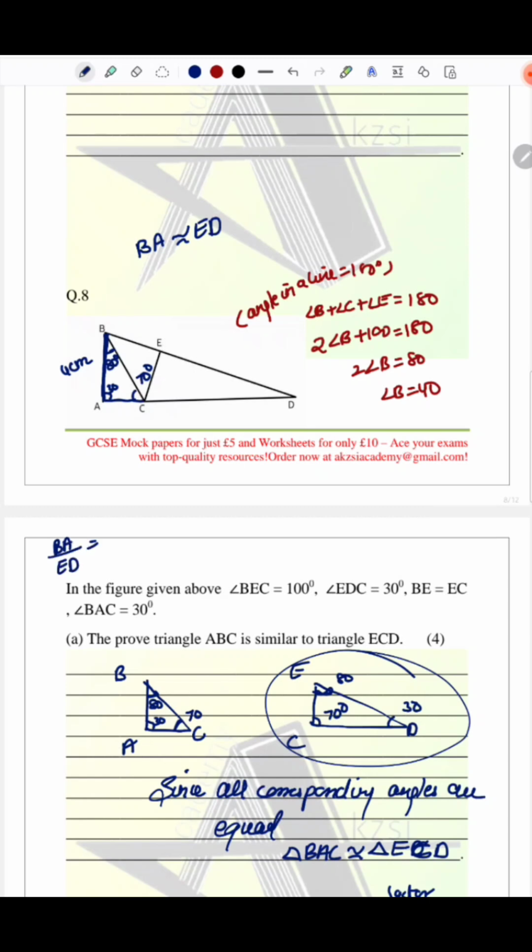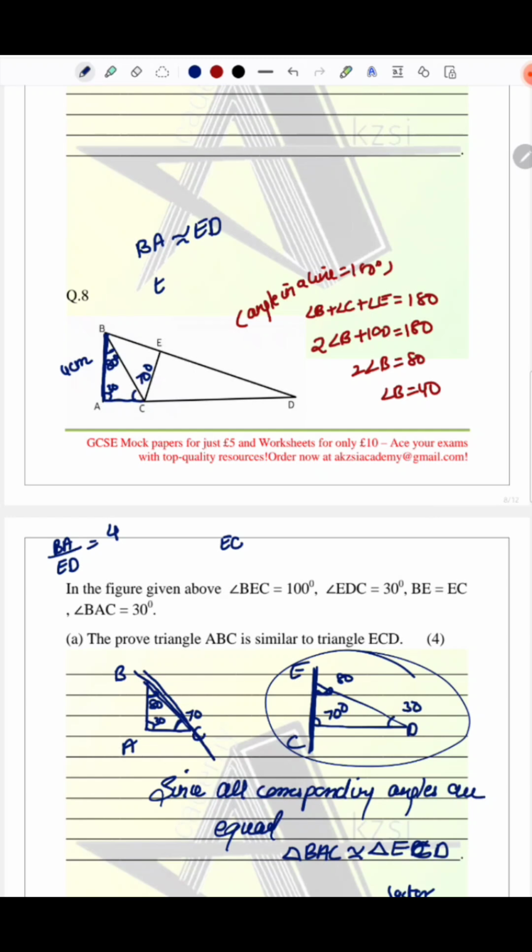So BA is 4 and ED, which is this one, and unfortunately we don't have ED. Let me see the other one if we could. So let's take the one which has 80 70, which is EC. So EC has 80 70, and the line which contains 80 70 in the other triangle is BC.